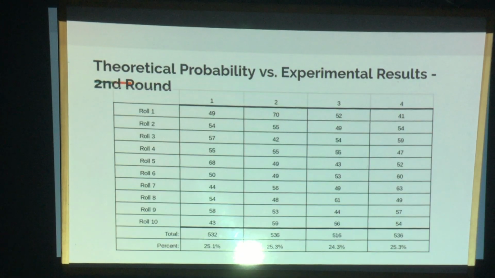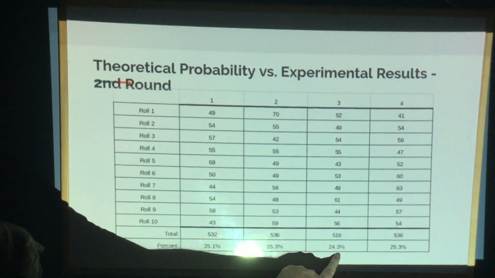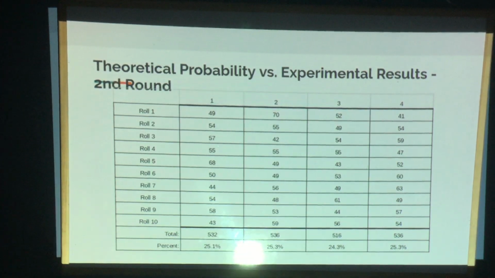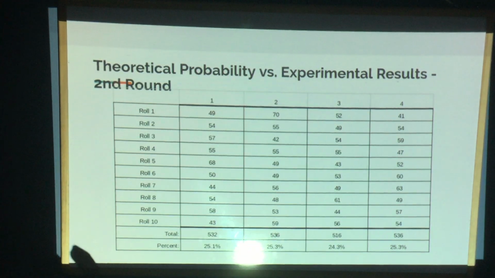If we look at the second round, only 0.1 too big, only 0.3 too big, only 0.7 too small, only 0.3 too big. We upped our results by over 1,400 trials, and our numbers got closer to that theoretical probability. That is the law of large numbers working in real time right there.